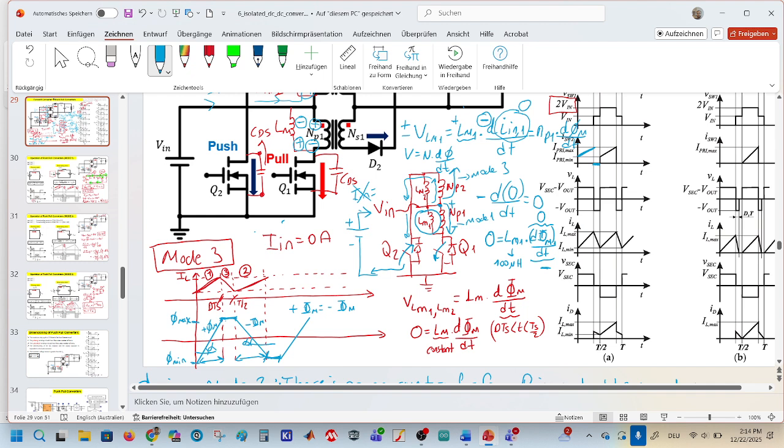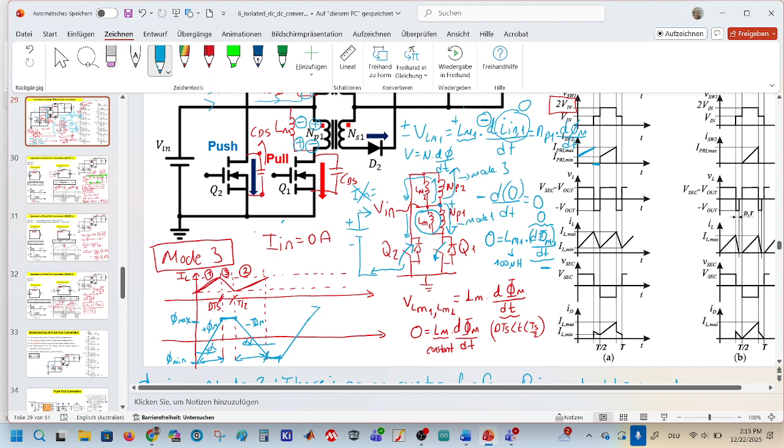And then it increases again. What happens if the duty cycles of these switches are not equal? I will try to show it like that.